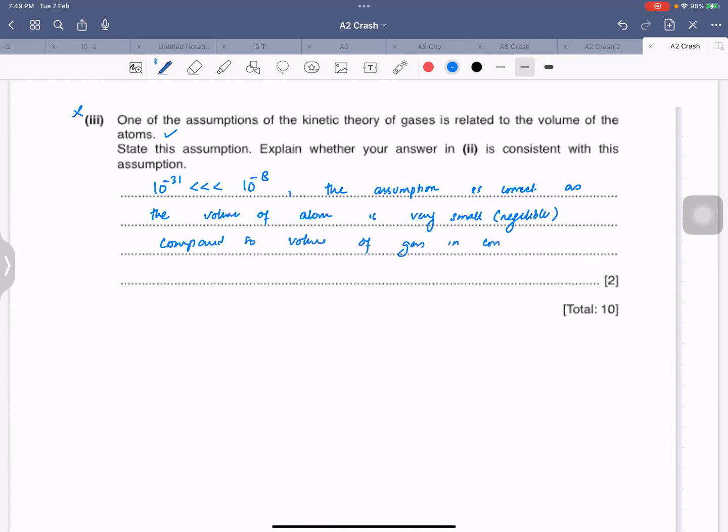Is that clear? So you have to make sure that you write that, comparing the two answers. That would give you 2 marks.